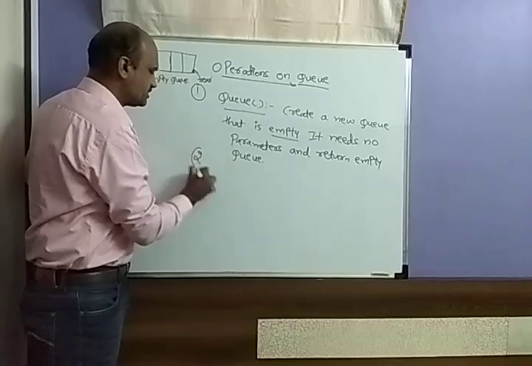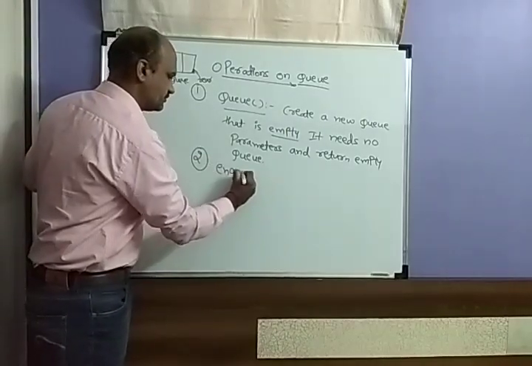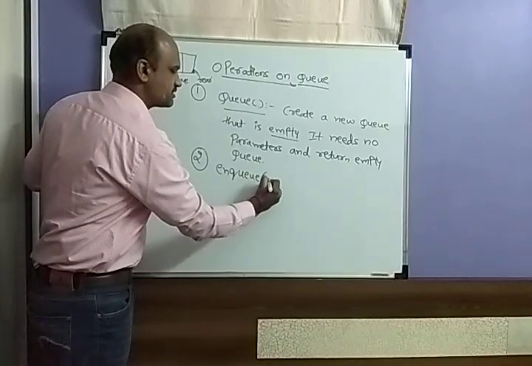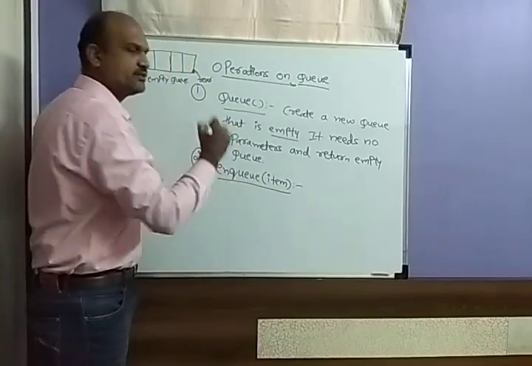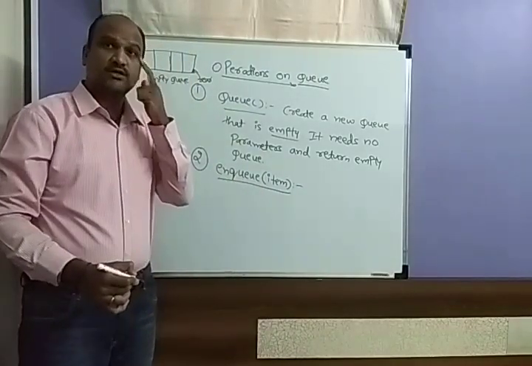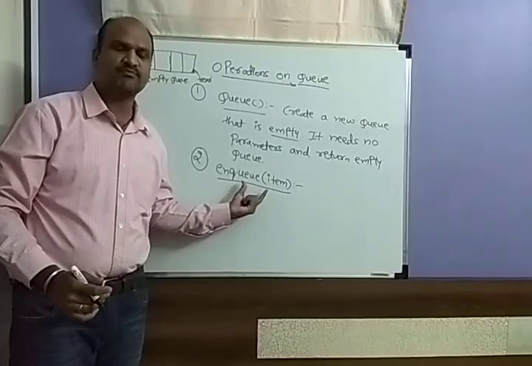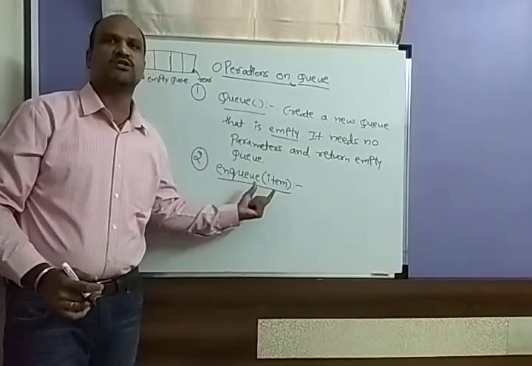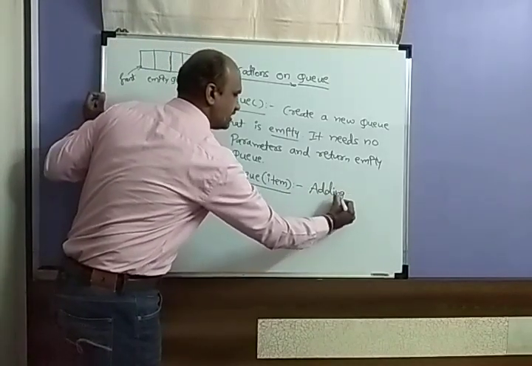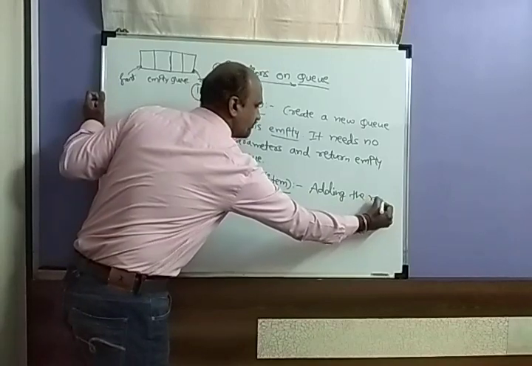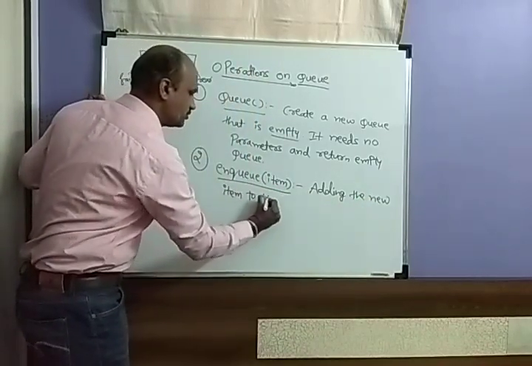Then the second operation, as I told you, is NQ. NQ means an item should be inserted. That is the NQ operation. So what will happen here? Adding a new item to the rear.